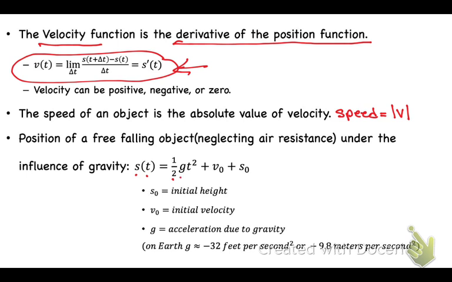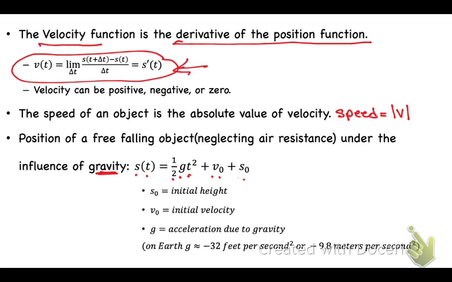What does g stand for? Gravity, the acceleration of gravity. And what's t? Time. V sub 0 is the velocity at 0 time, the initial velocity. And S sub 0 is the height or the position at 0 time.